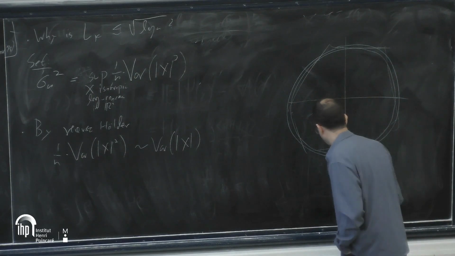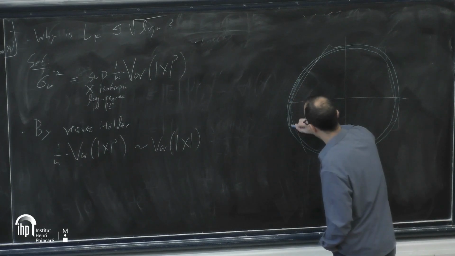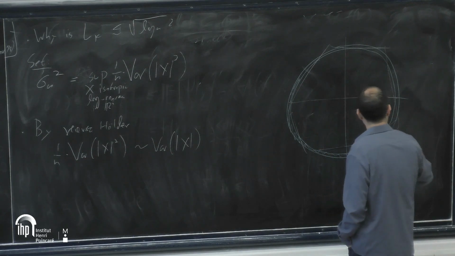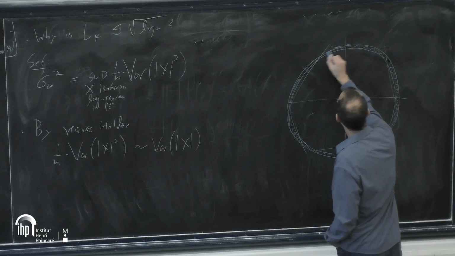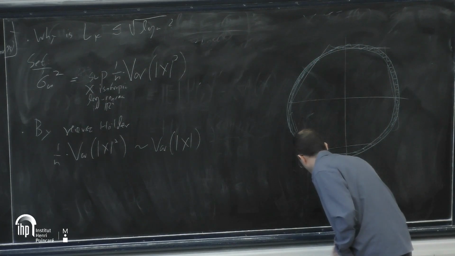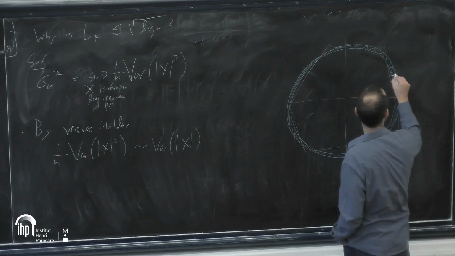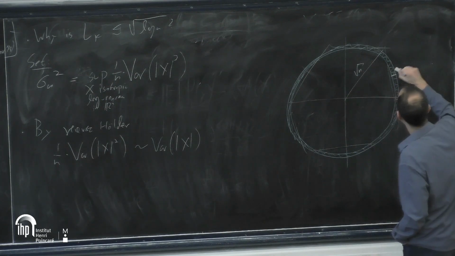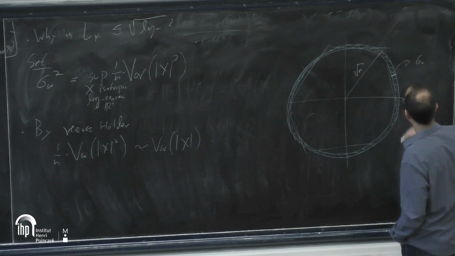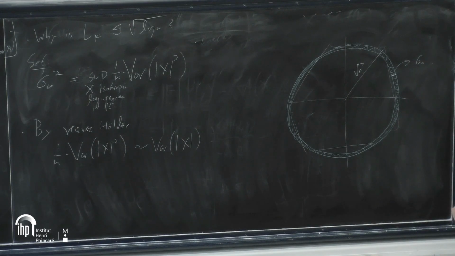So most of the mass is in this region. Sigma n is the width of this region. The radius is roughly root n, if you are isotropic, and sigma n is the width of this thin shell that captures everything.